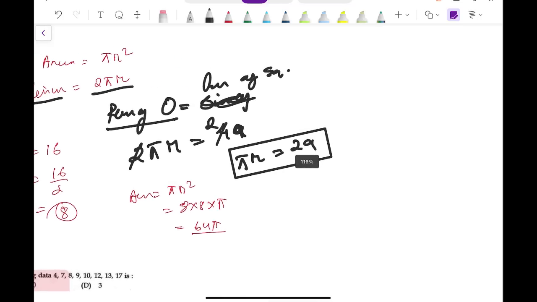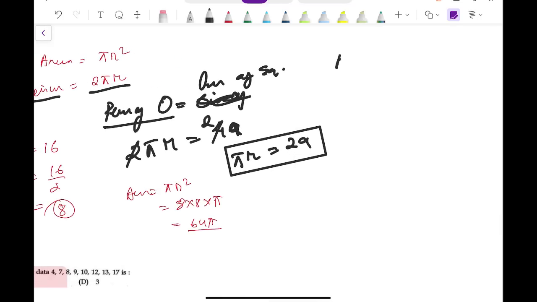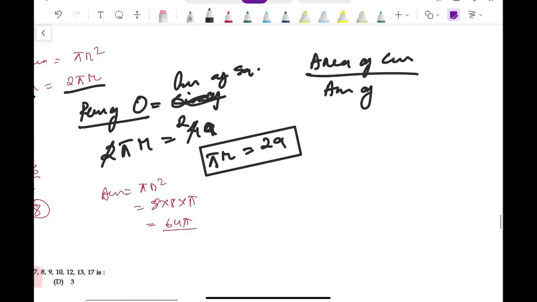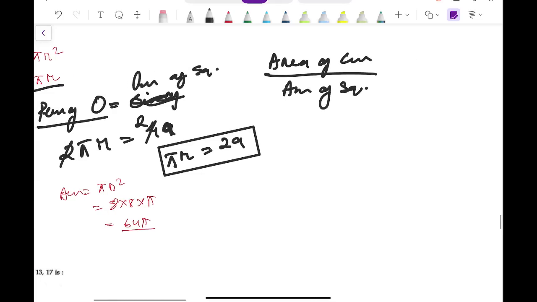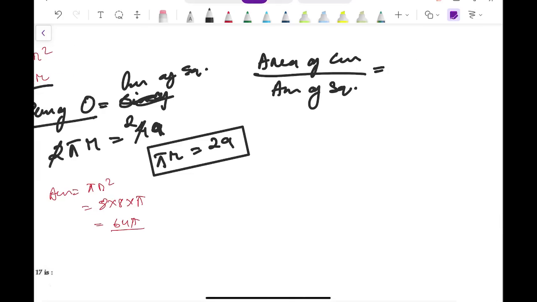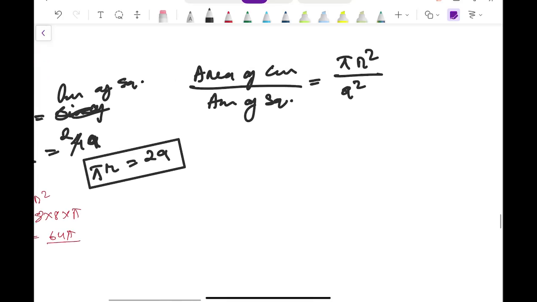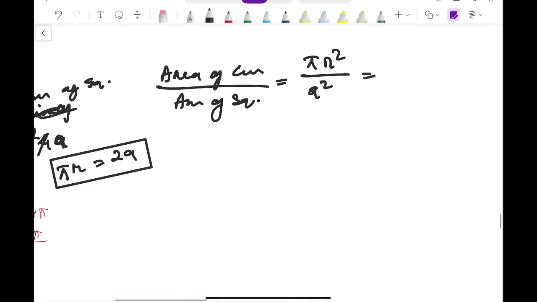So the ratio of the areas, that means area of circle divided by area of square. Area of a circle formula is pi r square. What is area of a square? Side square only, a square only. Can I write the pi value directly here, or shall I do it like this?